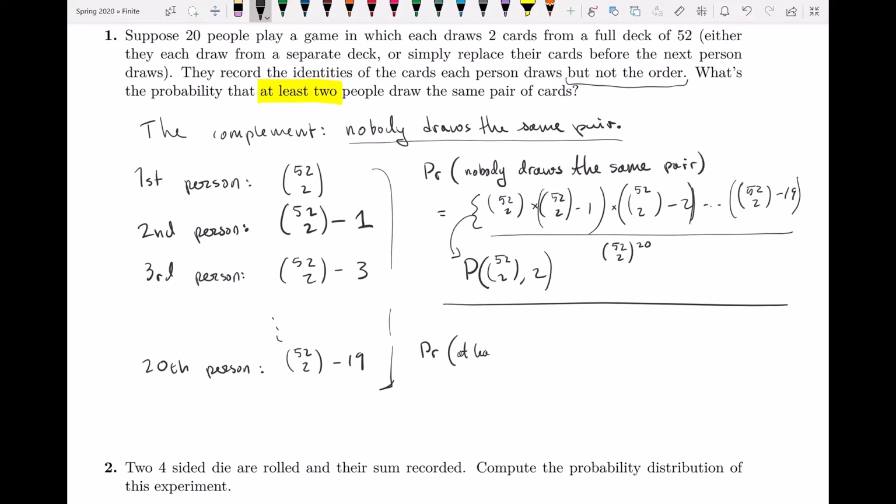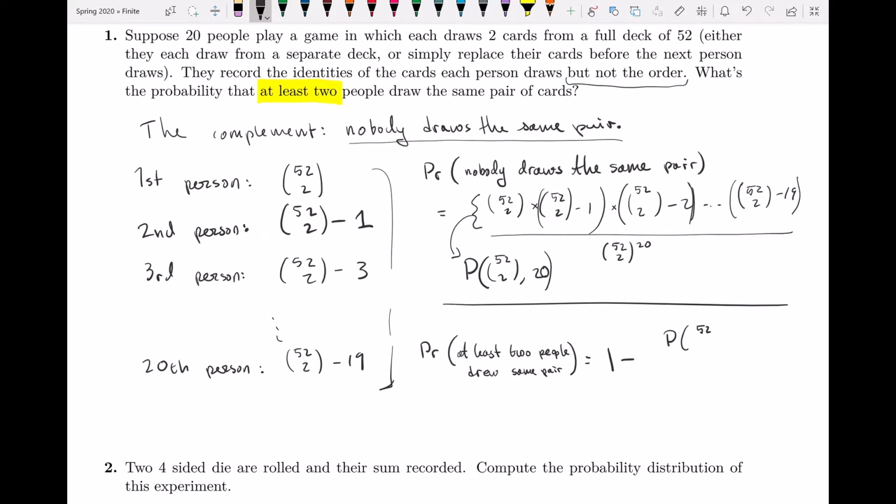So what we get in the end is that the probability at least 2 people drew the same pair equals 1 minus 52 choose 2 permute 20. That should be a 20.